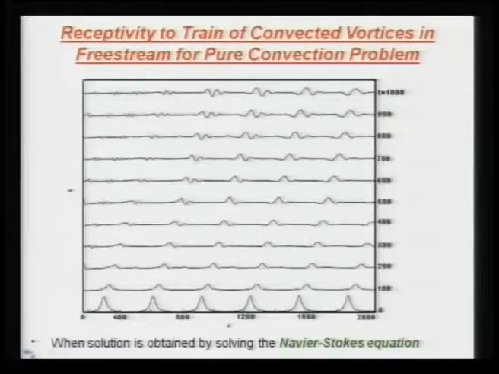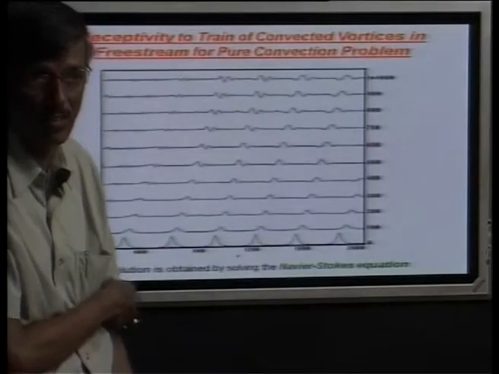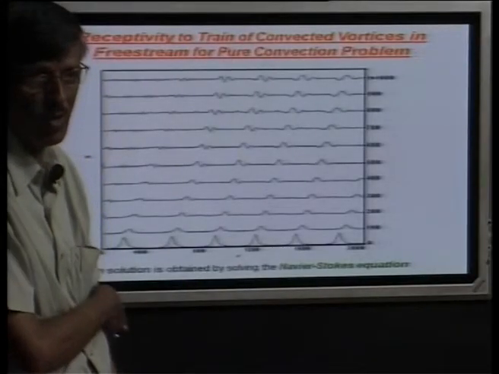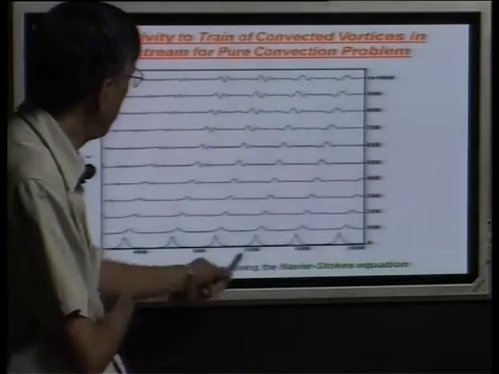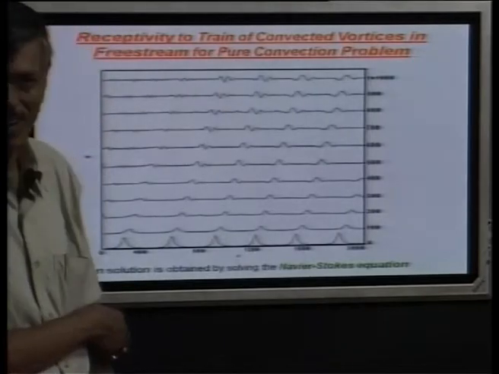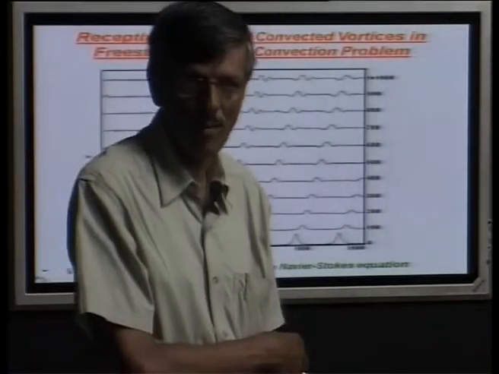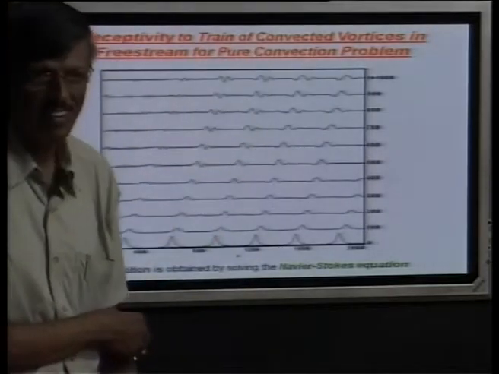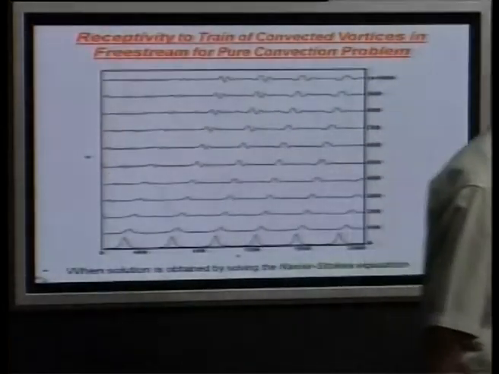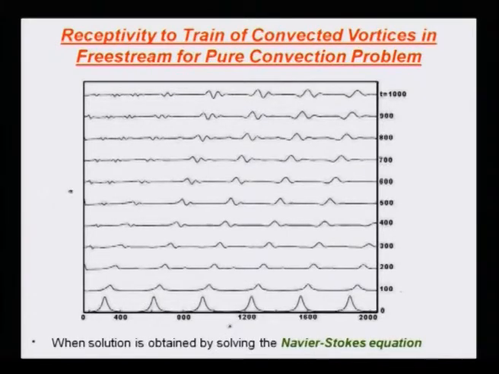Imposed C is going in the downstream direction at a particular value, and that is u infinity 1. So if C is going to be 1 in this x-t plane, what should that line have been? 45 degrees. Look at these peaks. Are these 45 degrees or more than 45 degrees?